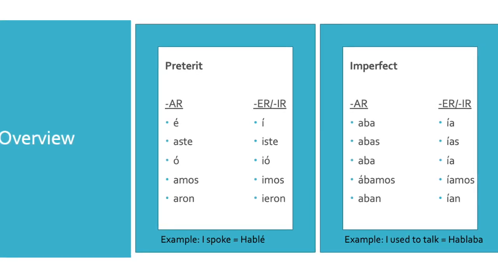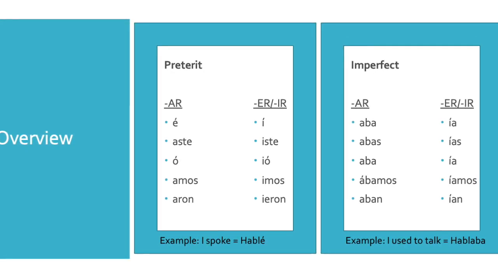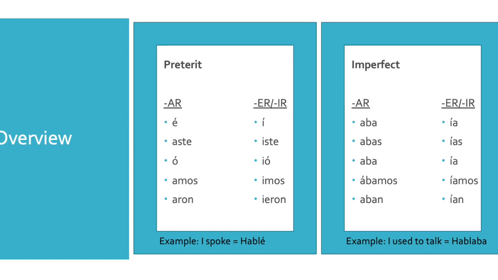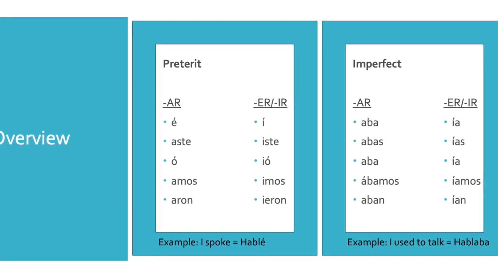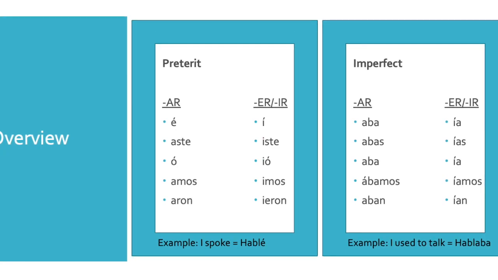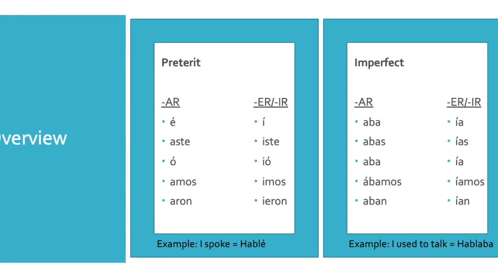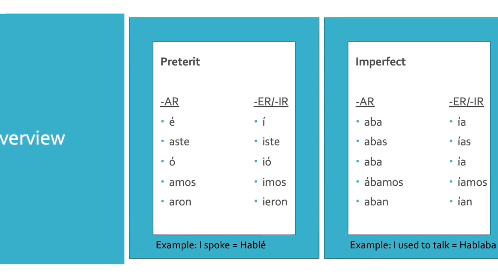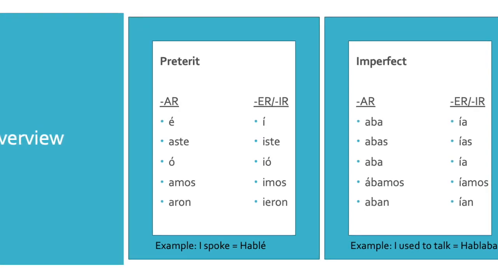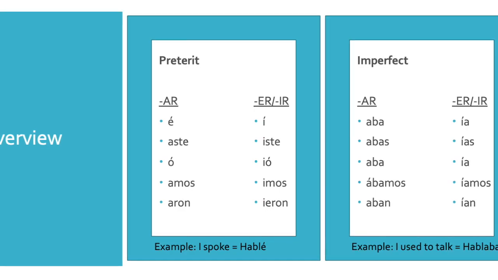It isn't ever wrong to include the subject, but you'll notice that native speakers frequently leave off the subject if it is understood. Now, when using the imperfect, you'll notice that the first person and the third person singular are the same. I'm talking about the aba and ia endings. You are more likely to need the subject when using the imperfect because now if you say hablaba, it can mean I used to talk, she used to talk, he used to talk, or you used to talk.